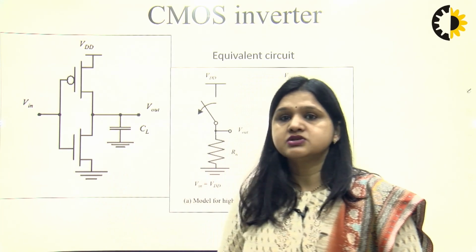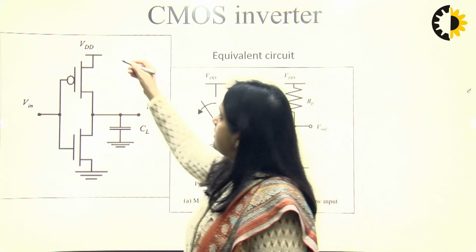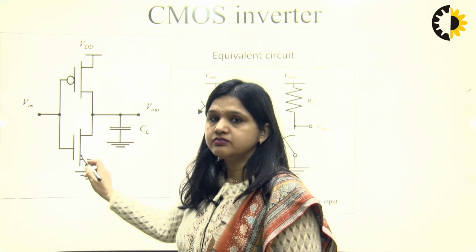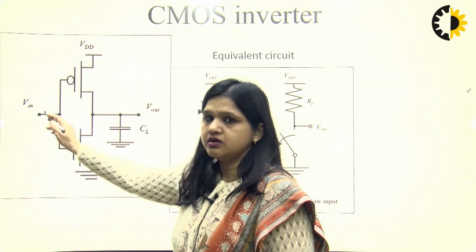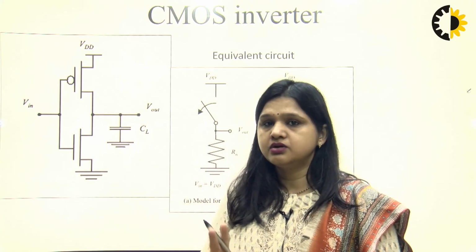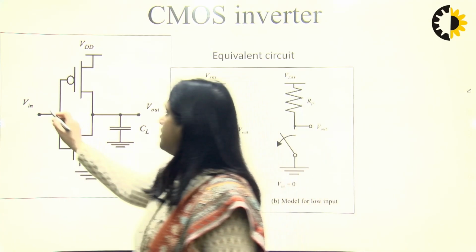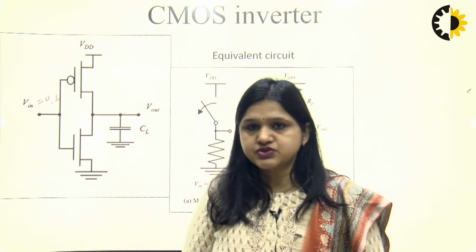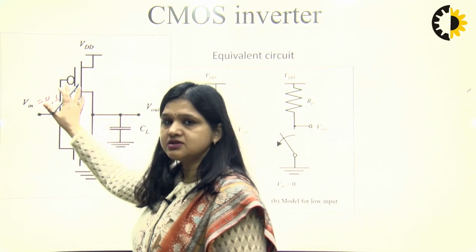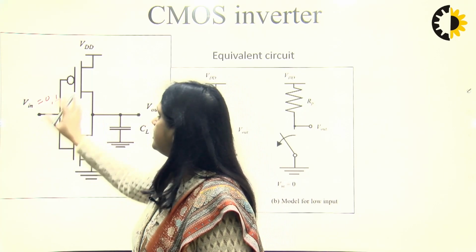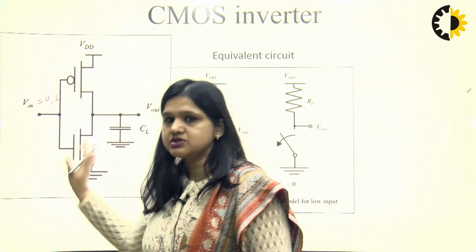Static power dissipation is zero because at a time only one transistor can be on for any input, since in digital there are two possible inputs, 0 or 1. Suppose the input is 0: then the PMOS transistor is on and the NMOS transistor is off. When the input is 1, the PMOS transistor is off and the NMOS transistor is on.